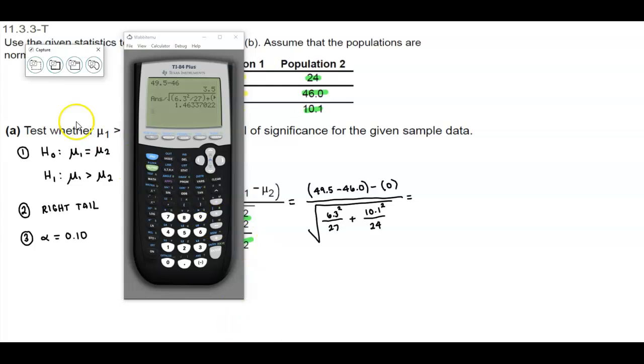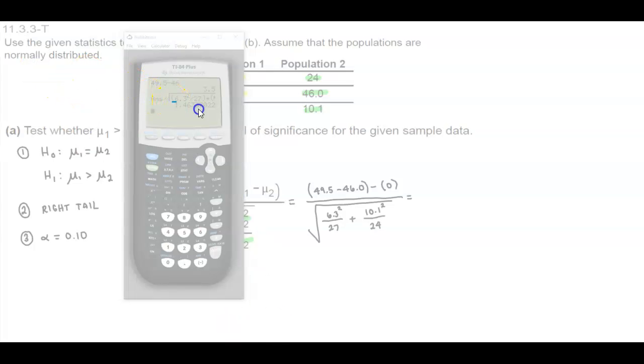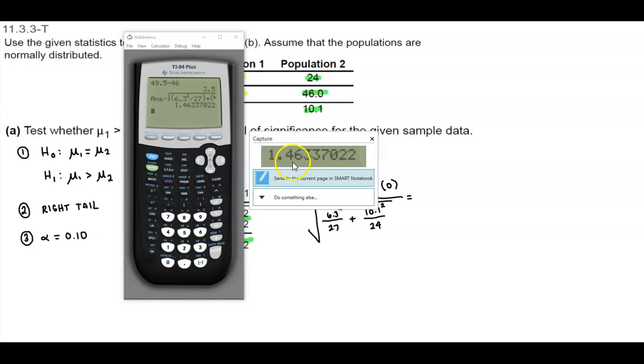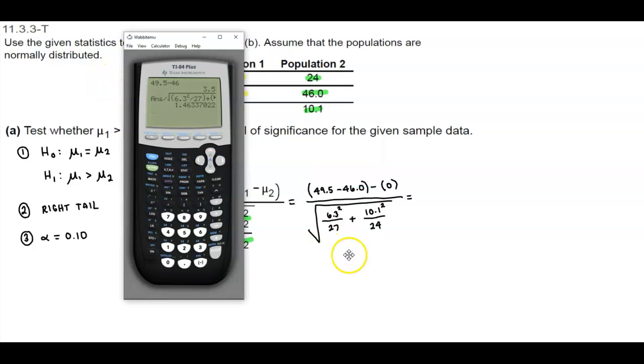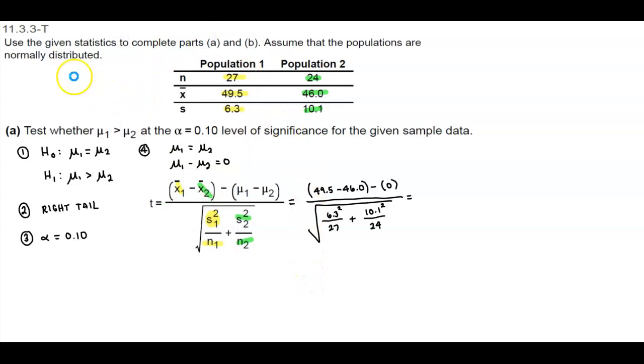Let's copy that and round it to 2 decimal places, which gives us 1.46 for the test statistic.